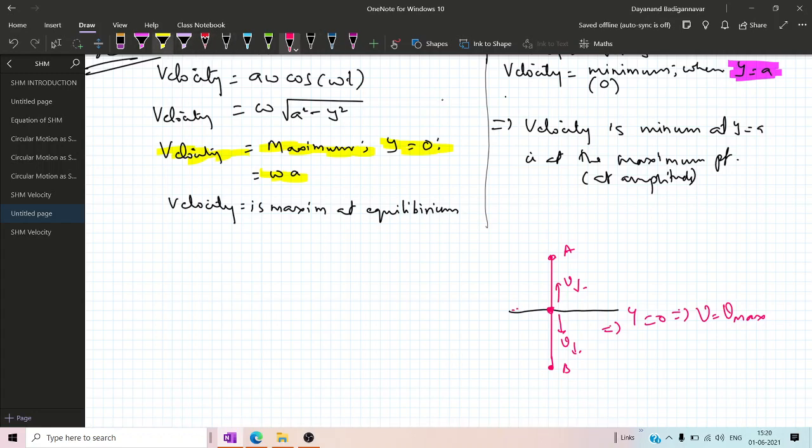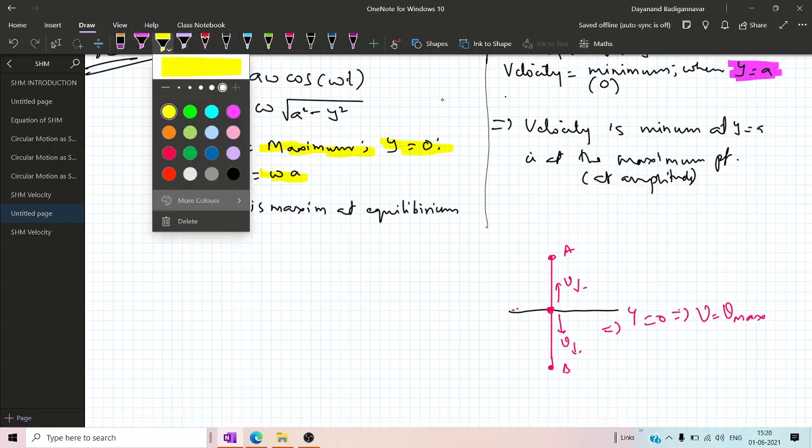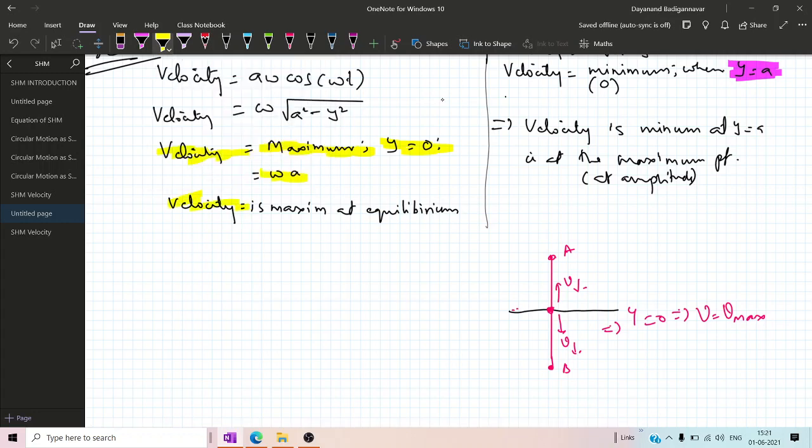I have also written here, you can see that. The velocity is maximum at the equilibrium, and it goes on decreasing as it moves away from the equilibrium.